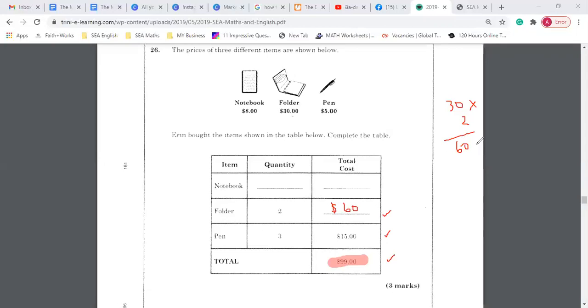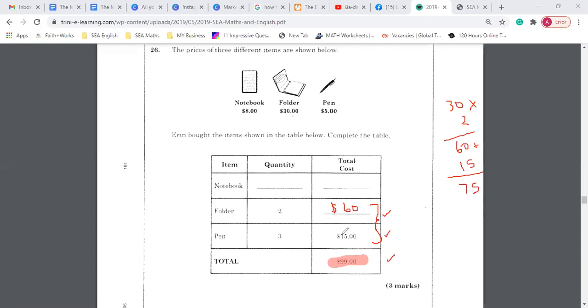We add 60 and 15 together and we will get 75. So these together will give us 75. So we have the whole and we have a part. So we're going to subtract from the whole to get the missing part, which is the notebook.